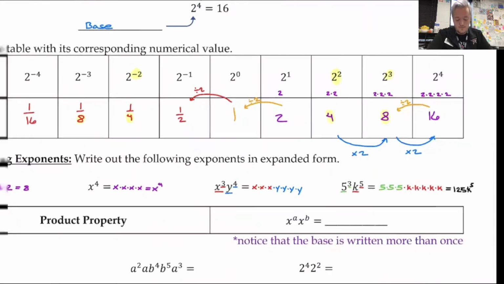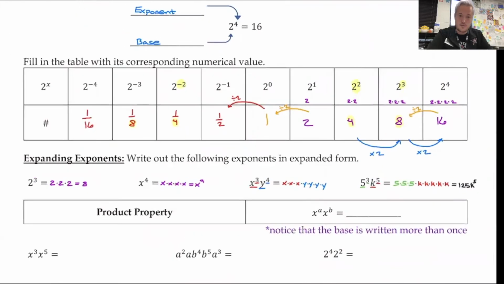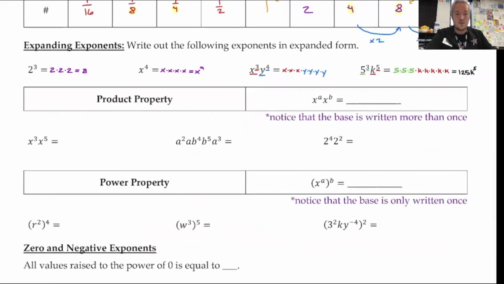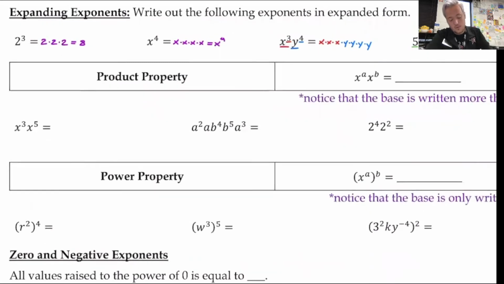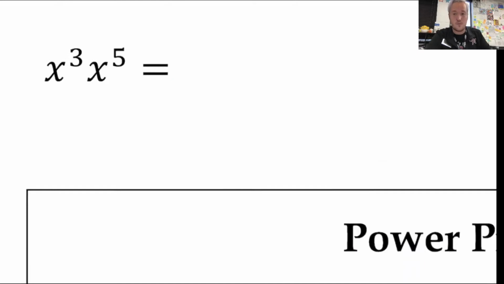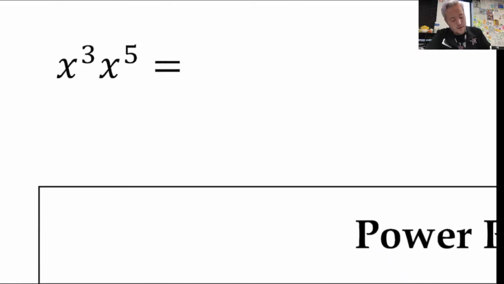All right, so we're going to use some of these rules to put some more information together. We're going to start with a rule called the product property. With the product property, I'm going to start by expanding, and then we're going to see if we can discover a rule. So if I have x to the third power, so x times x times x, and then I'm going to write out x to the fifth power.